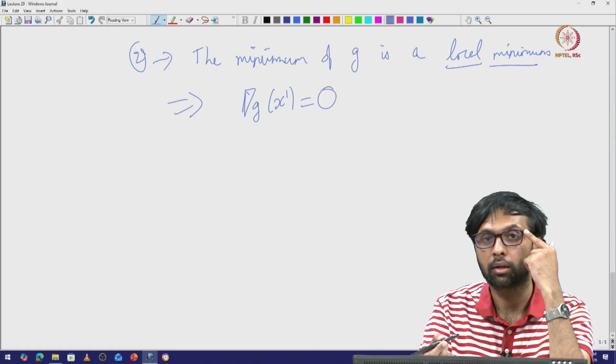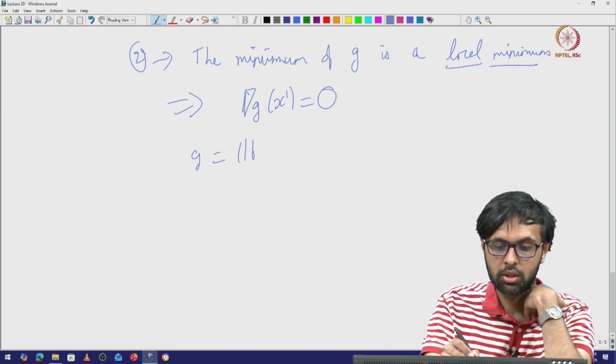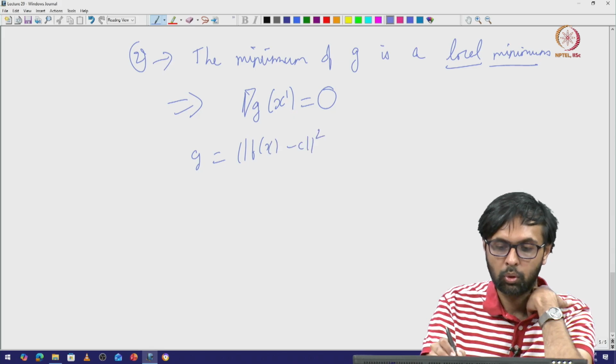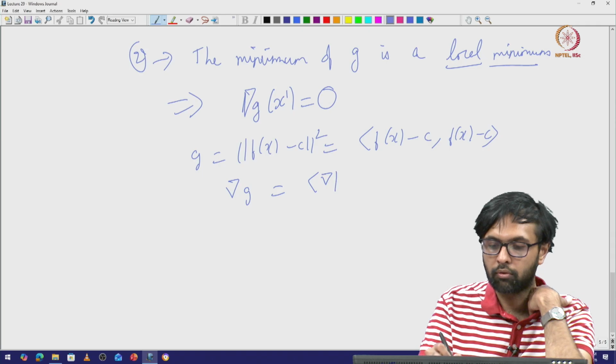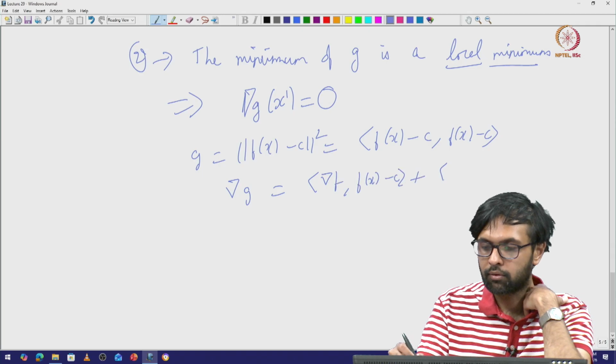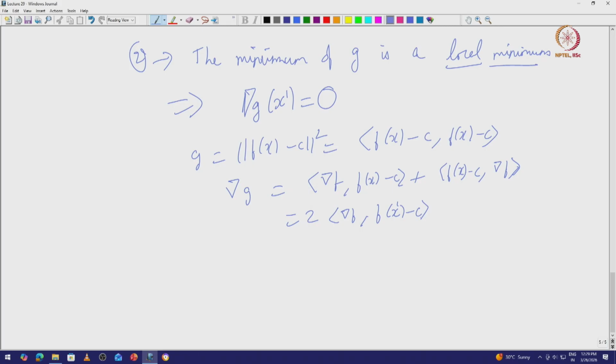Okay. Now what is the gradient of g? What is g after all? g is the dot product of f of x minus c with itself. So the gradient of g is the gradient of f times f of x minus c plus f of x minus c times the gradient of f, which is twice the gradient of f at x dash times f of x dash minus c.